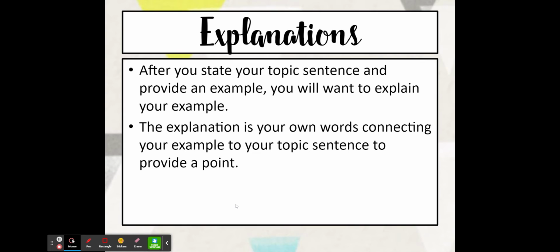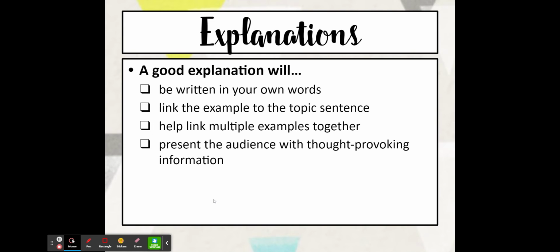After we state our topic sentence and provide our example, we want to explain our example. The explanation is your words, connecting your example to your topic sentence to provide a point. Okay, this is not you copying and pasting from someone else's work or looking it up. You have to generate this piece on your own.